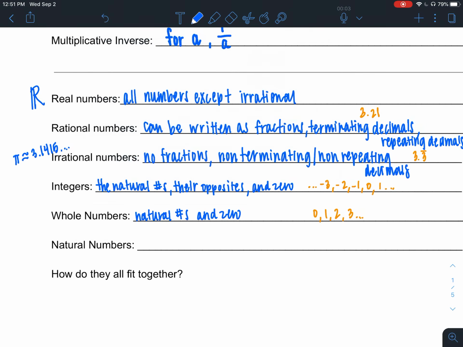And then, of course, we have the natural numbers, which are counting numbers. It's the best way to describe them, because when we start counting, we start at 1 and go up from there. So it's going to be 1, 2, 3, all the way up to infinity.